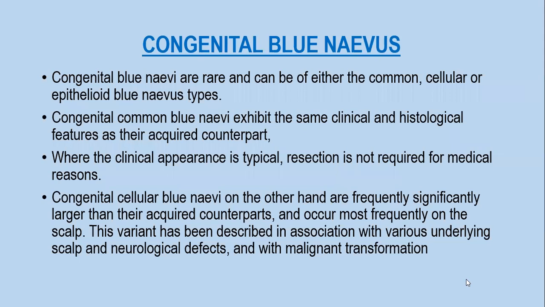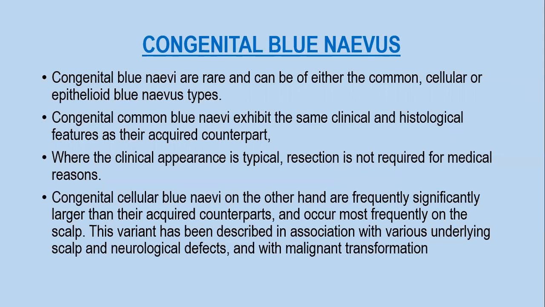Then congenital blue nevus. Congenital blue nevi are rare and can either be of common, cellular or epithelioid blue nevus subtypes. The congenital common blue nevus exhibits the same clinical and histological features as that of their acquired counterparts. The only difference is their early presentation.